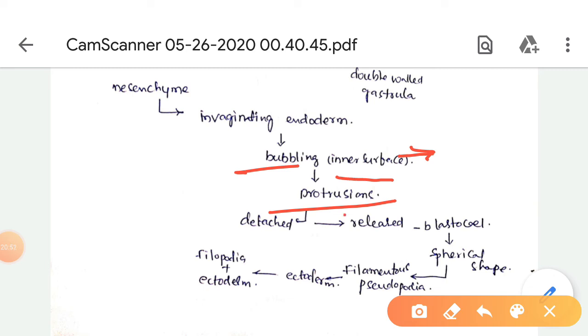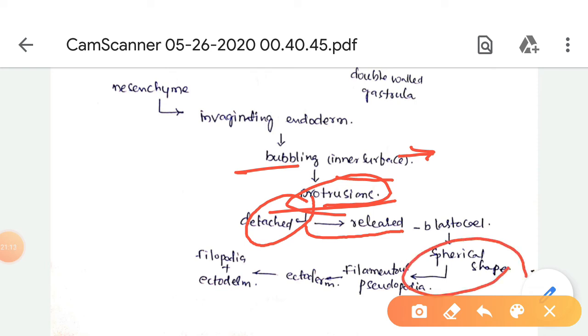These cells are completely detached from the adjacent cells and released into the blastocoel. In the blastocoel these cells are present in a spherical shape.